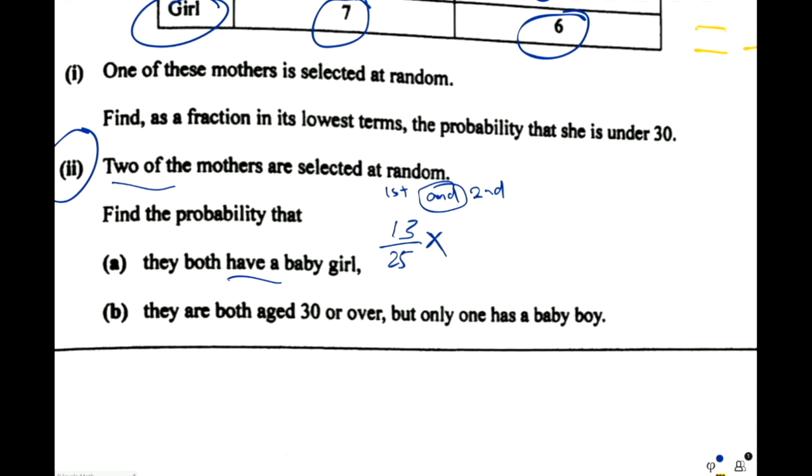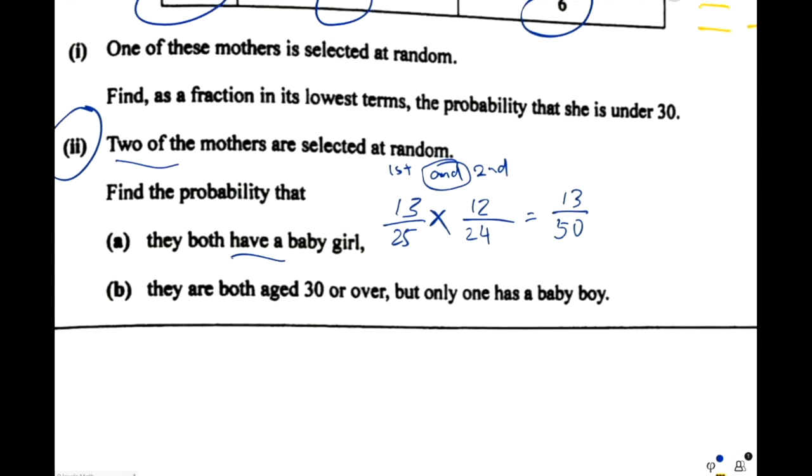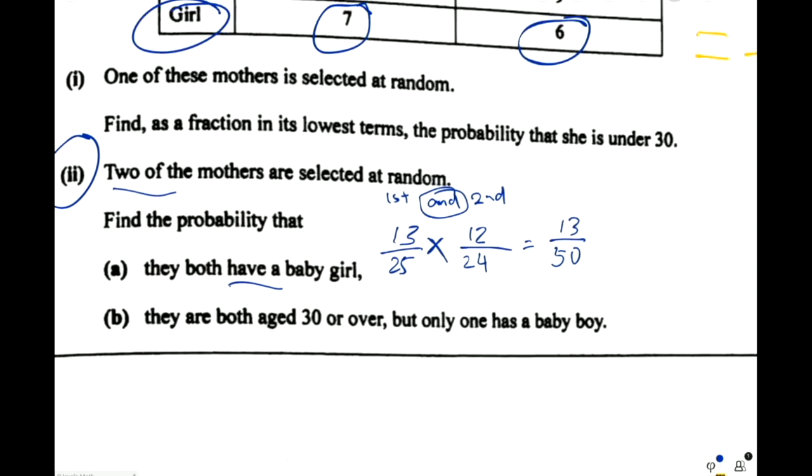After you took away one girl, you're left with 12 left out of 24. So the probability is 13 over 25 times 12 over 24. We get the calculator, 13 out of 50. Okay? 13 out of 50.